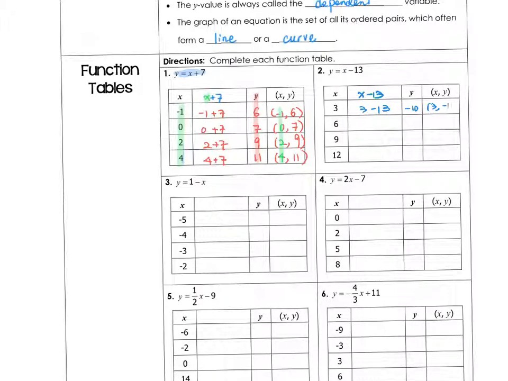So you should have (3, -10). 6 minus 13, you should have -7, and your calculator should give you this. 9 minus 13, you should have -4. So it's (9, -4). 12 minus 13 gives you -1. So it's (12, -1).